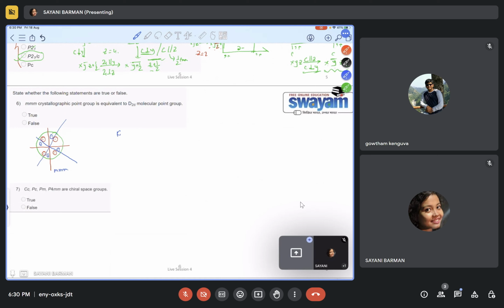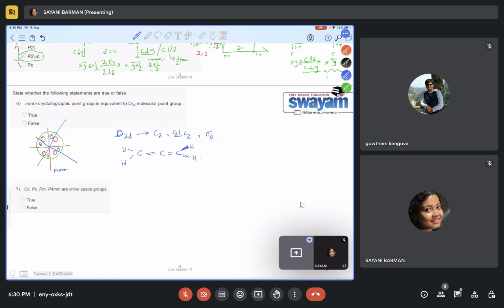There is a C2, okay, right first. D2d means there is one C2 and there are C2s perpendicular to this C2. And there is a sigma d plane. So we can take one example, we can take allene. Allene is C double bond C double bond C, H H. These are in plane, and these are above and below the plane.